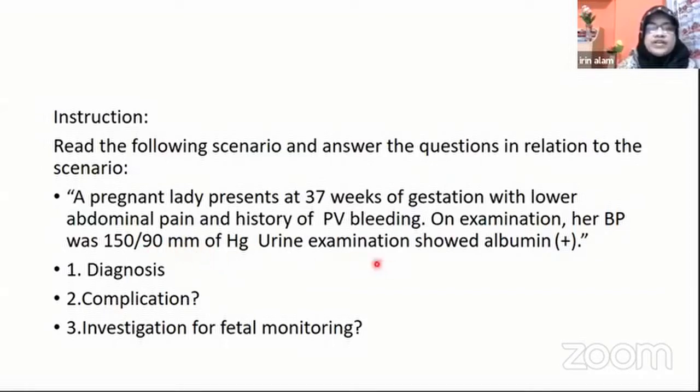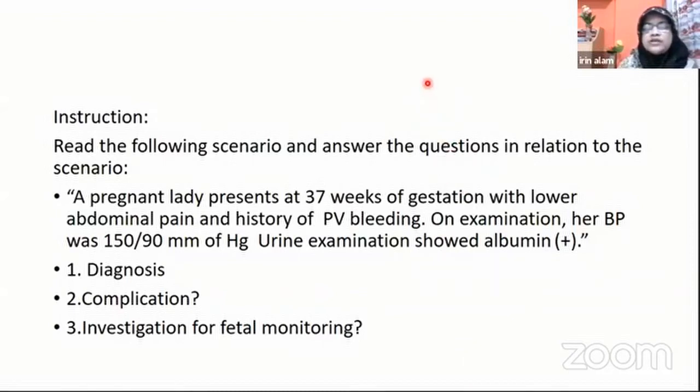mild preeclampsia. Then what are the complications of this preeclampsia? It may become severe preeclampsia. If severe preeclampsia, there may be any complication that occurs in severe eclampsia, that is from top to bottom.